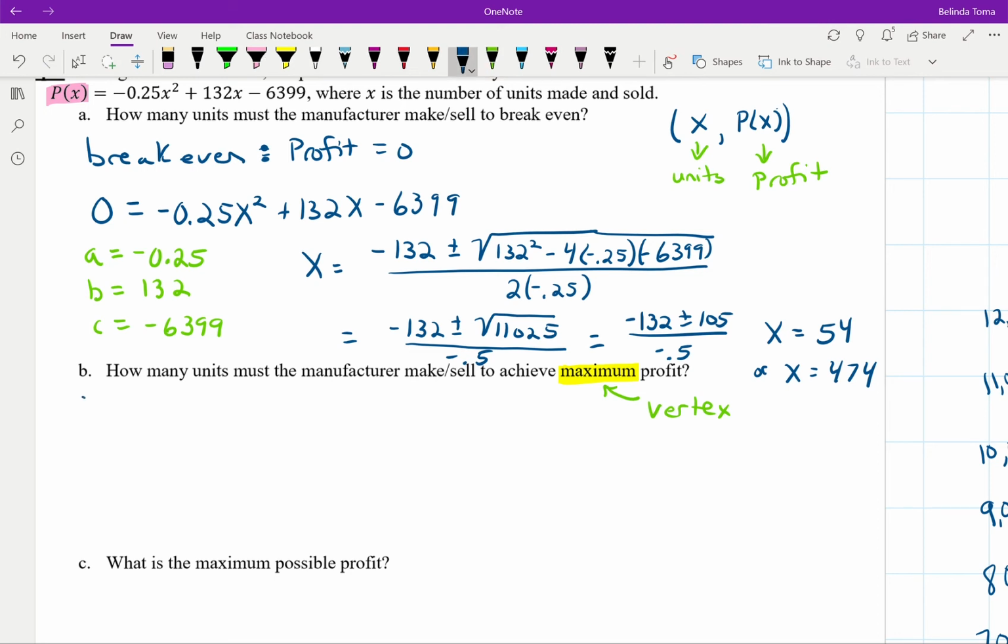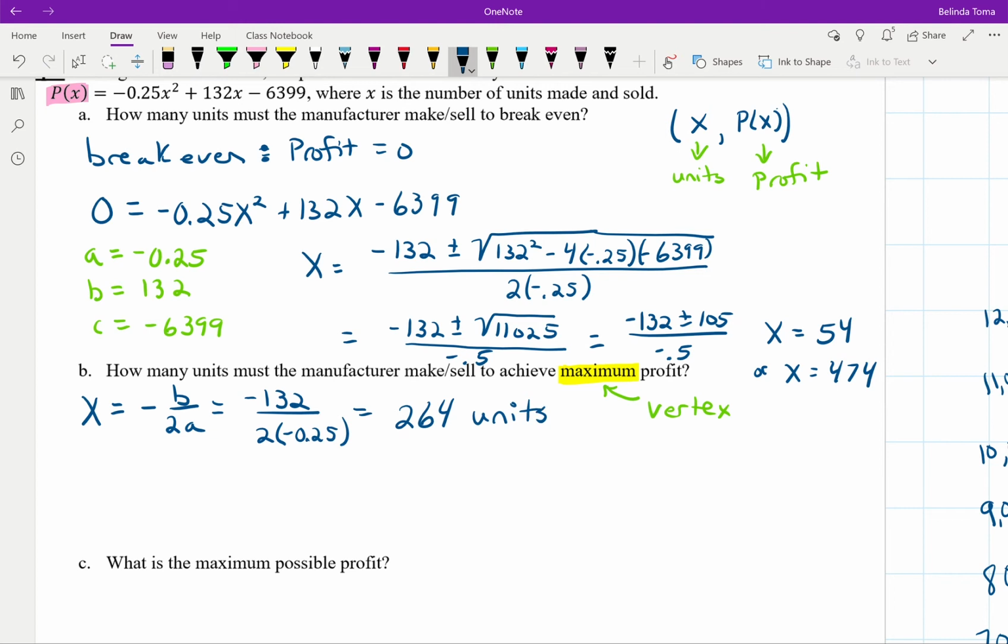We use the opposite of b over 2a. So here, again, we can use the a, b, and c that we identified in part A, and we can say, well, the opposite of 132 is negative 132, and over 2 times the a, which is negative 0.25, that's going to get me 264 units.